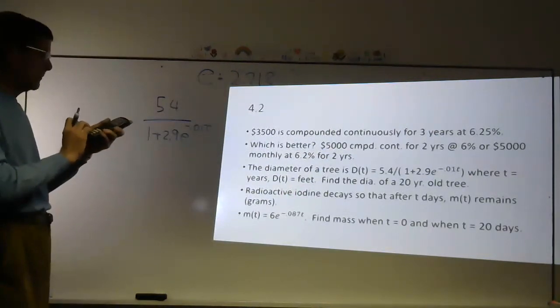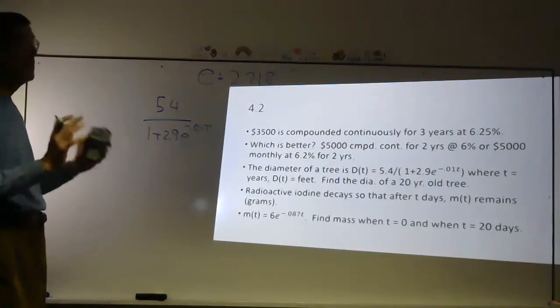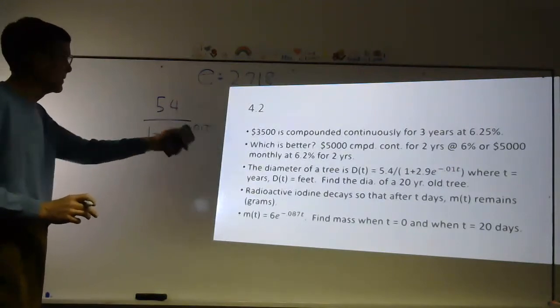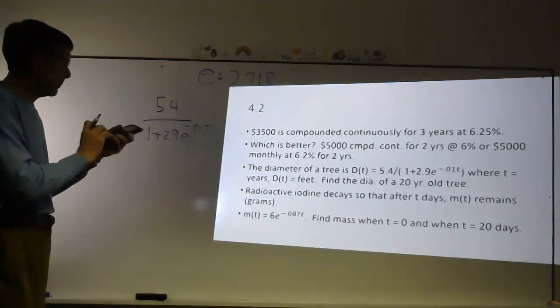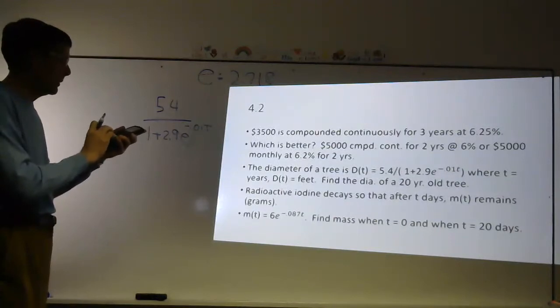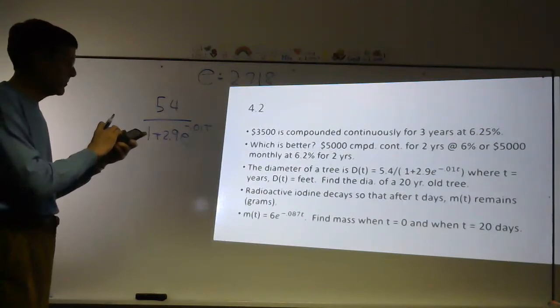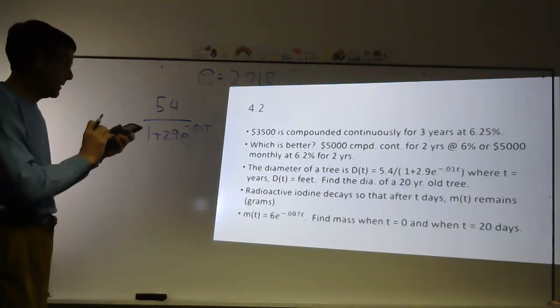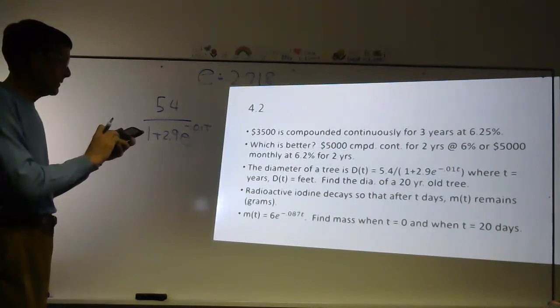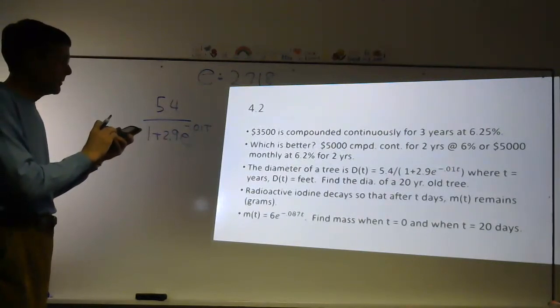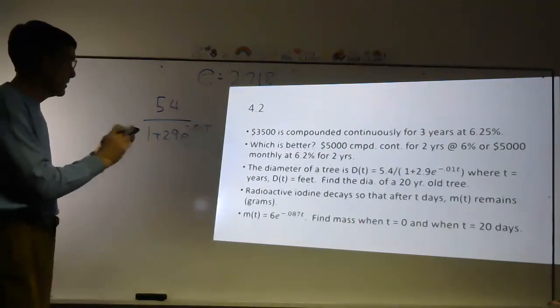So it's going to be 5.4 divided by. Now make sure you use parentheses because you're dividing by the whole thing on the bottom. So parenthesis 1 plus 2.9 times. Get your e in there. Second function ln. Okay. Negative 0.01 times 20, and then close your parentheses twice because it's raised to the power, and also you want to enclose the entire bottom.